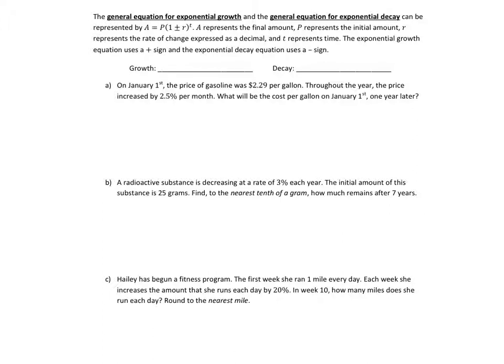So another thing that we're going to need to memorize is this formula here, where A represents the final amount, P represents the initial amount from last year, R represents the rate of change, expressed as a decimal also from last year, and T represents time, finally also from last year.